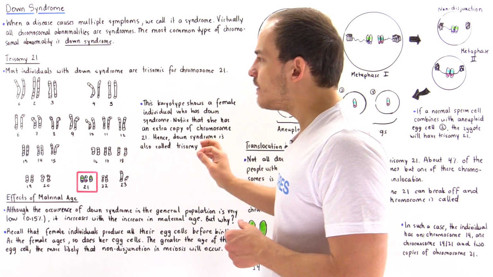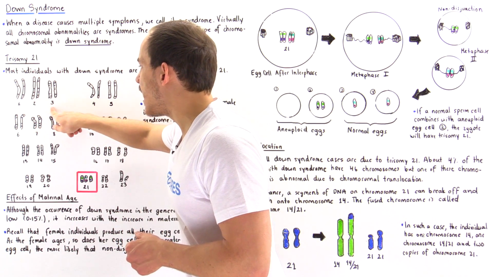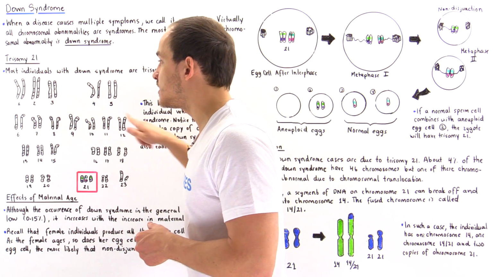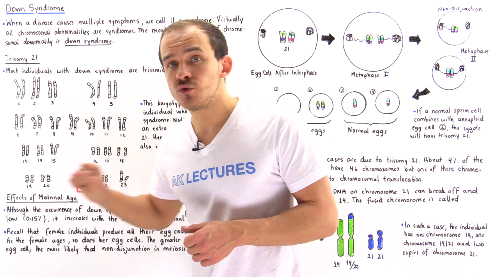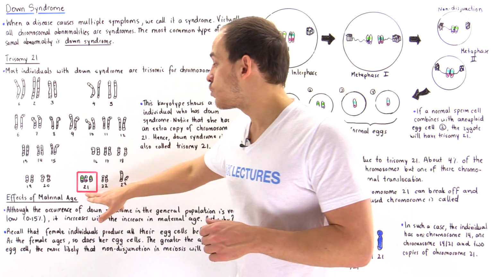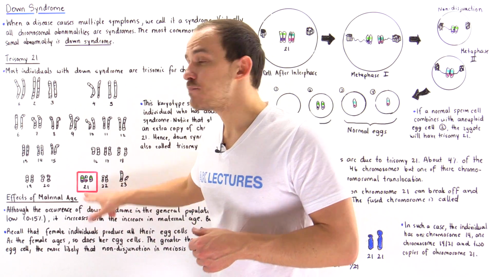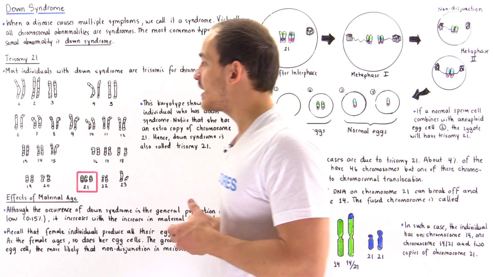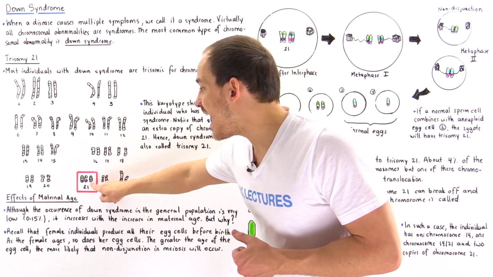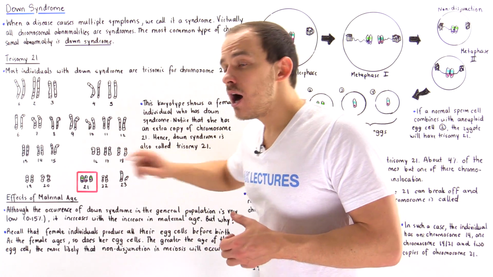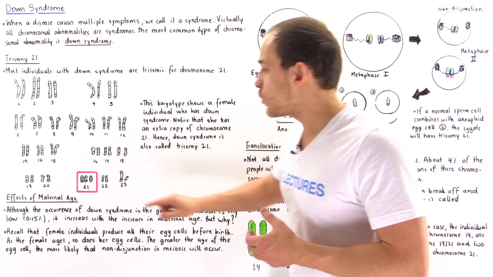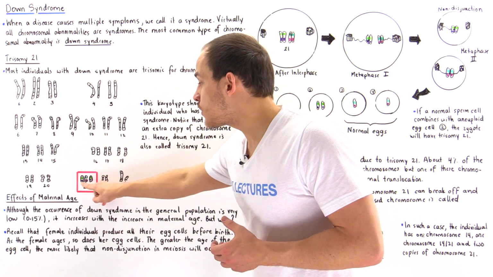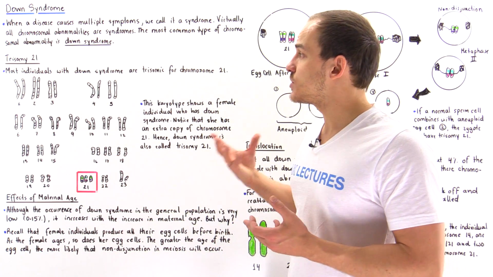Notice every single one of these homologous pairs of chromosomes consists of 2 individual chromosomes except chromosome pair 21. So in a male individual that has trisomy 21, they have an extra additional copy of chromosome 21. So we have not 2, but 3 of these individual chromosome 21s.